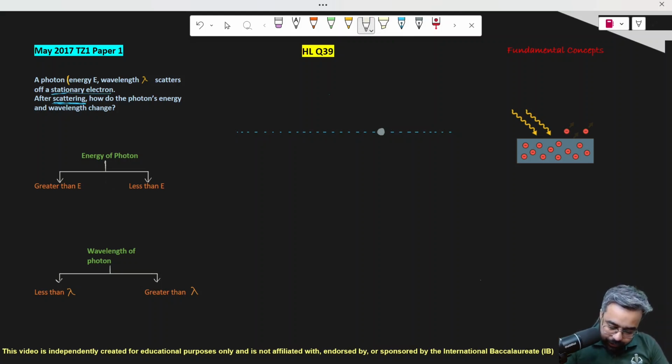So imagine that this is a photon that has so much energy, that's why I will draw a very small wavelength for that photon, and it is traveling towards an electron which is at rest. So it is stationary. Now, this photon can only be a photon of X-rays. And why I'm saying it with so much confidence?